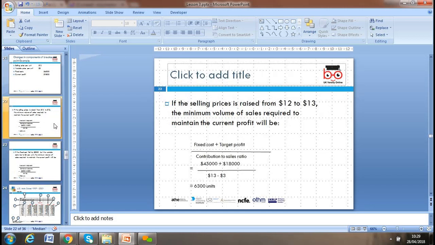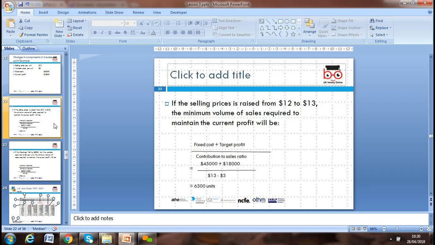Sir, how do we calculate the budgeted revenue and the budgeted expenses? Yes, we'll go through that now. If the selling price is raised from 12 to 13, what is the minimum volume of sales required to maintain the current profit, which means our revenue? It will be fixed cost plus target profit divided by contribution. So fixed cost is 45 plus target profit.